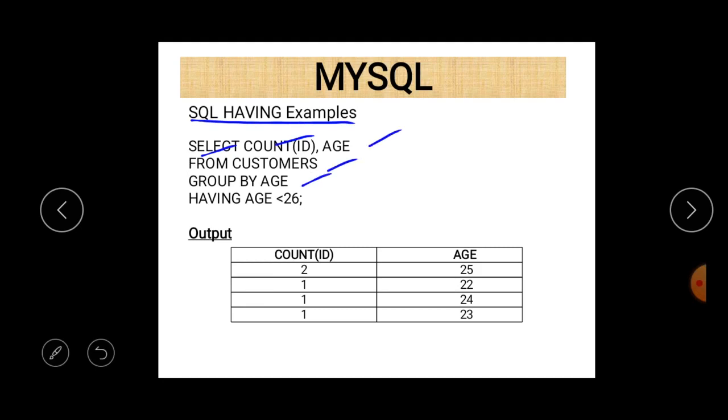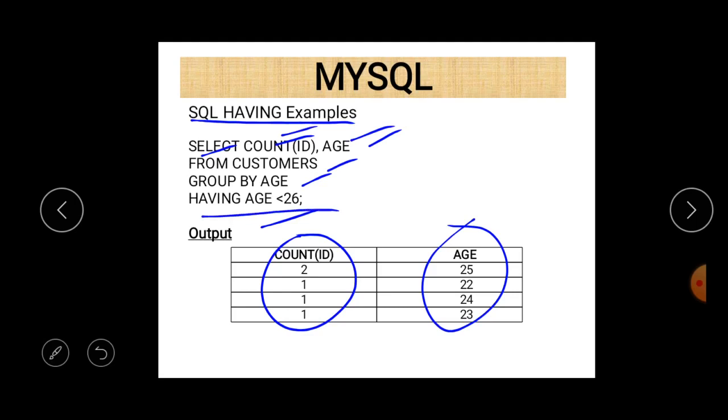So we form a group on the basis of age, but the condition is that age must be less than 26. There are only 2 columns. The first one is related to count ID and the second is related to age, and you can see that the having condition says that age must be less than 26.